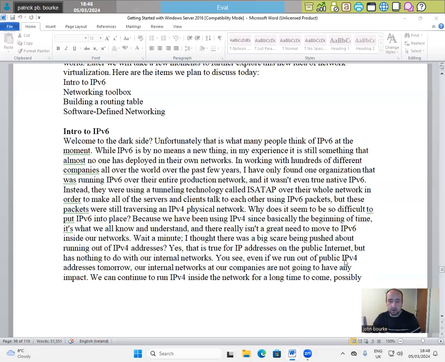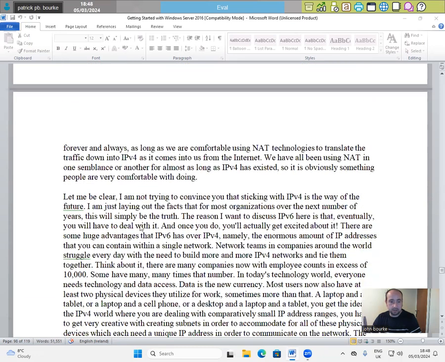You see, even if we run out of public IPv4 addresses tomorrow, our internal networks at our companies are not going to have any impact. We can continue to run IPv4 inside the network for a long time to come, possibly forever and always, as long as we are comfortable using NAT technologies to translate the traffic down into IPv4 as it comes into us from the internet. We've all been using NAT in one semblance or another for almost as long as IPv4 has existed. So it is obviously something people are very comfortable with doing.